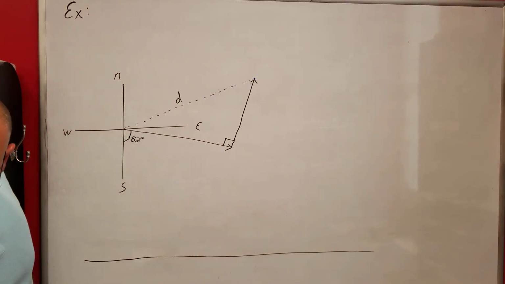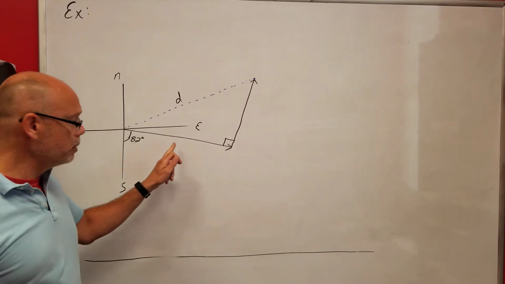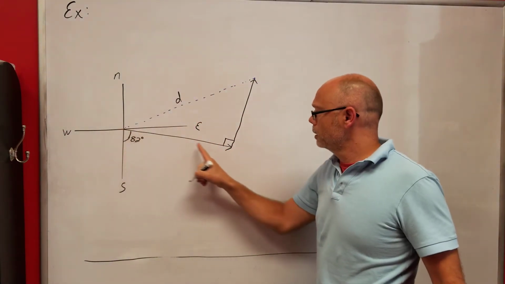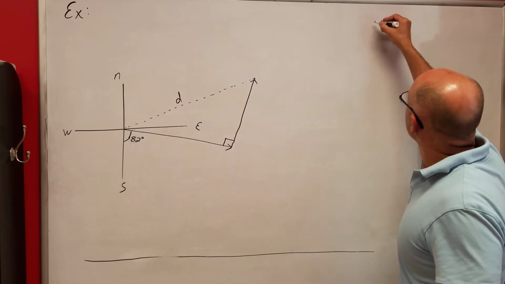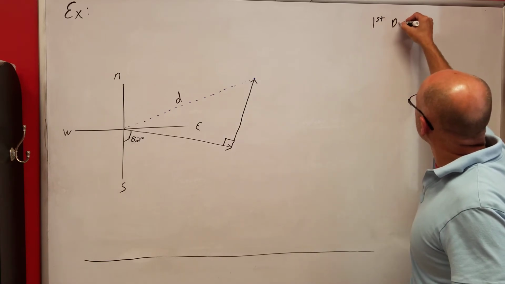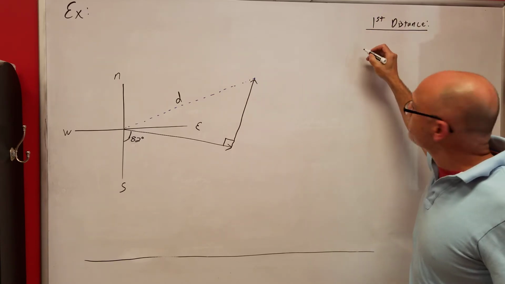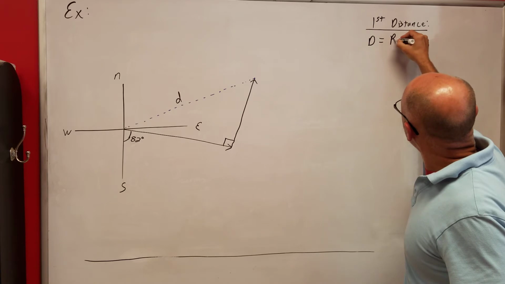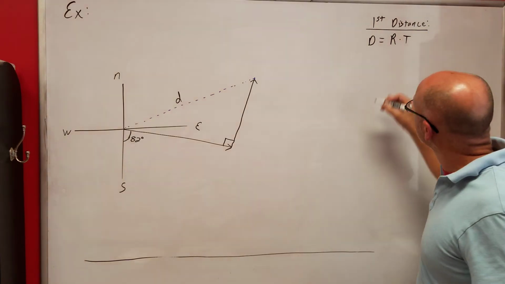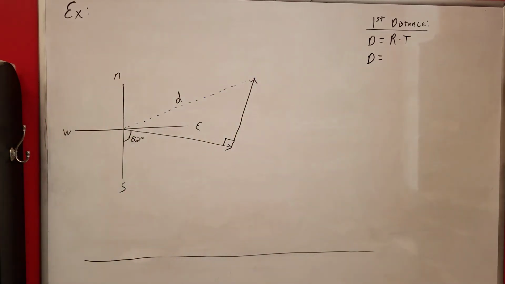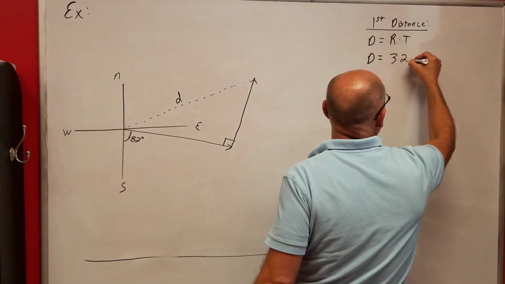But doesn't it talk about how long it traveled right here? It traveled 320 miles per hour after 1.2 hours. So let's figure out this distance from this point to that point. I'm going to call that my first distance. We said a minute ago that distance is equal to rate times time. So that first distance is the rate at which the plane was flying, which it tells me was 320 miles per hour.